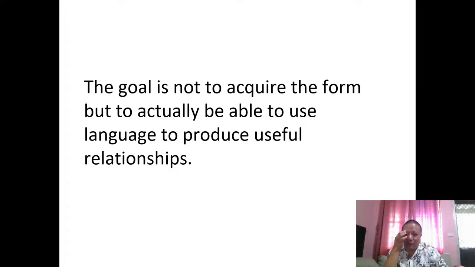Okay? The goal is not to acquire the form, but to actually be able to use language to produce useful relationships. So it's not really the form that you are aiming at. Rather, you aim at meaningful, useful relationships. Using language to produce useful, meaningful relationships.